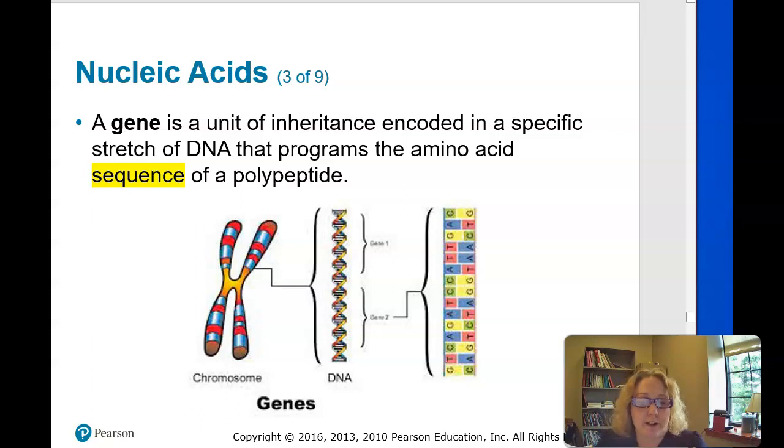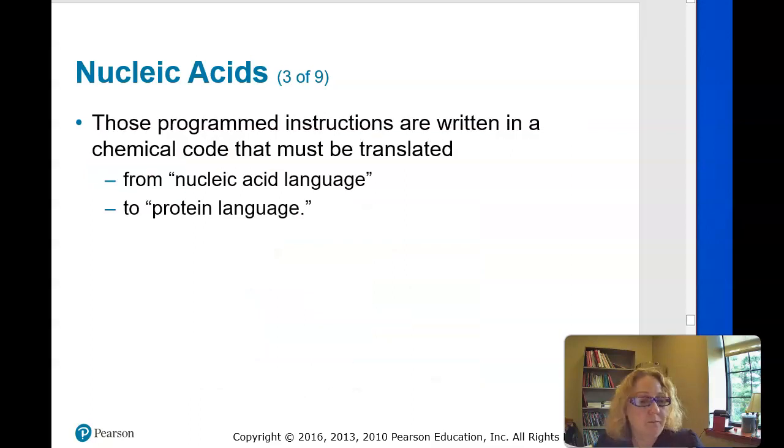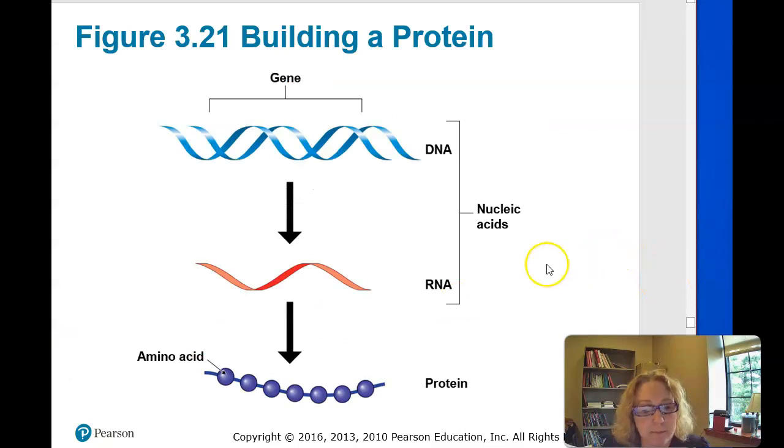A gene is a unit of inheritance encoded in a specific section of DNA that programs the amino acid sequence of a polypeptide. Those program instructions are written in a chemical code that must be translated from nucleic acid language to protein language. How does that happen? The DNA or the RNA ultimately form amino acids, which form a protein.